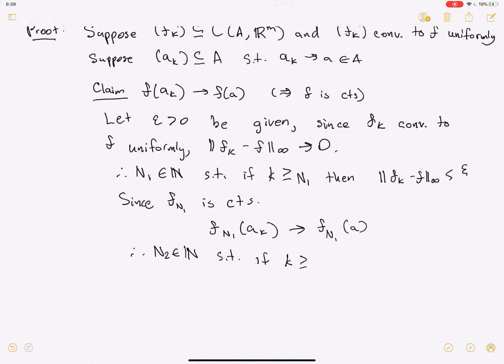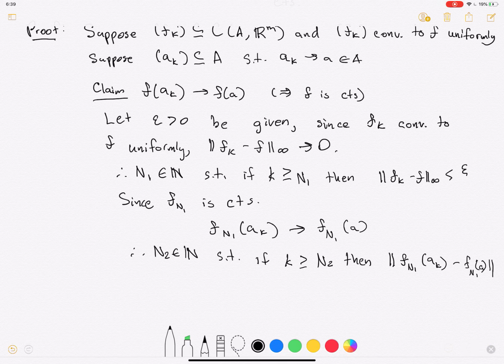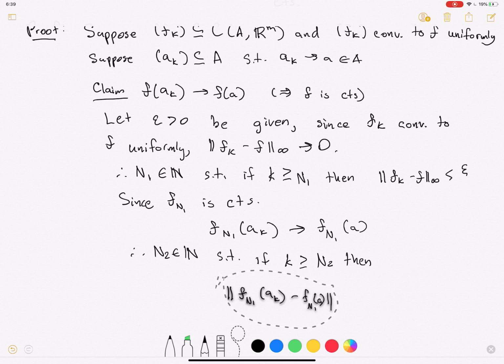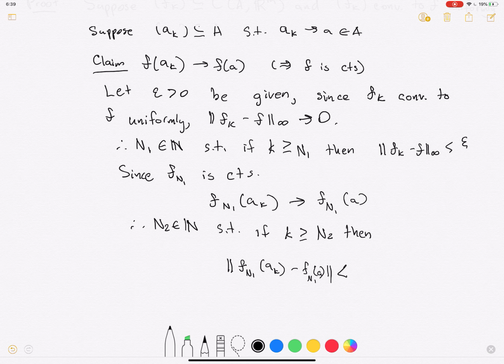If k is greater than or equal to n2, then the absolute value of f_n1(a_k) minus f_n1(a) is less than epsilon.